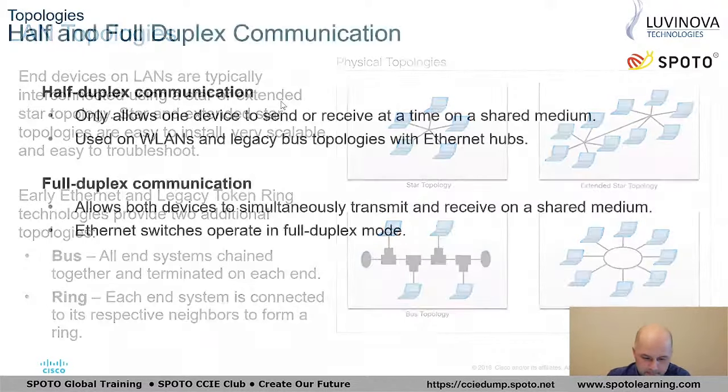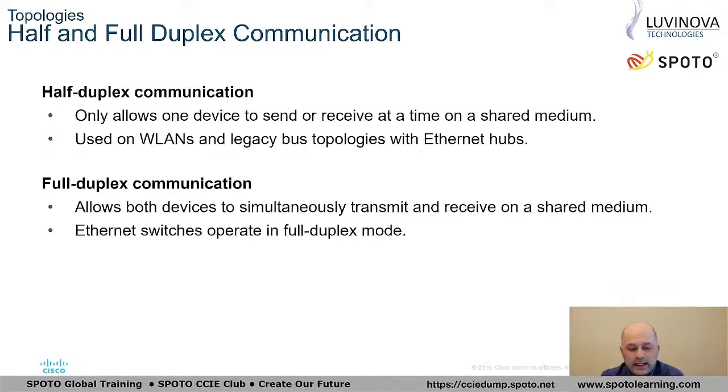Half duplex and full duplex, what's the difference? Half duplex allows one device to send or receive at a time on the shared medium. One device, send or receive. It is used on WLANs and legacy bus topologies with Ethernet hubs.